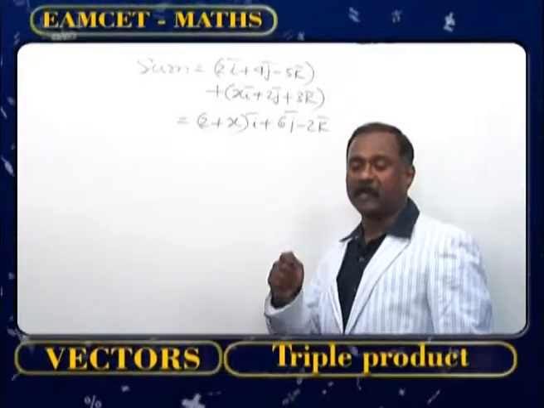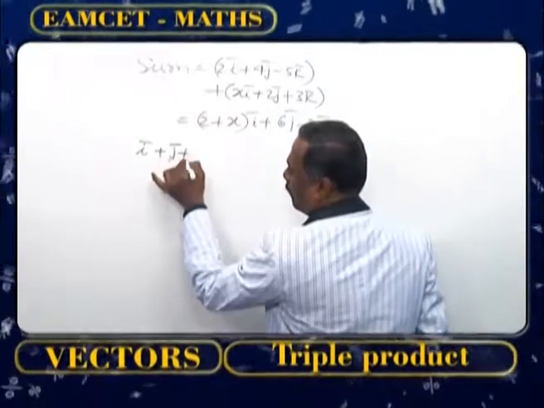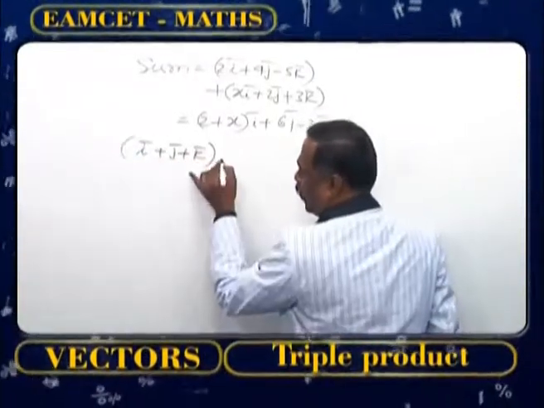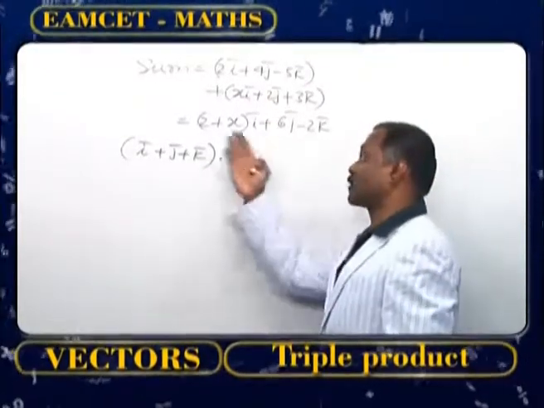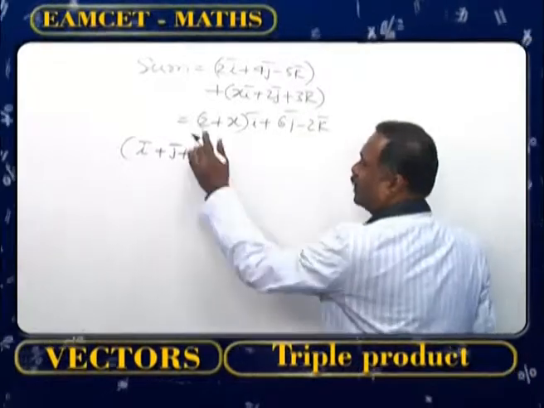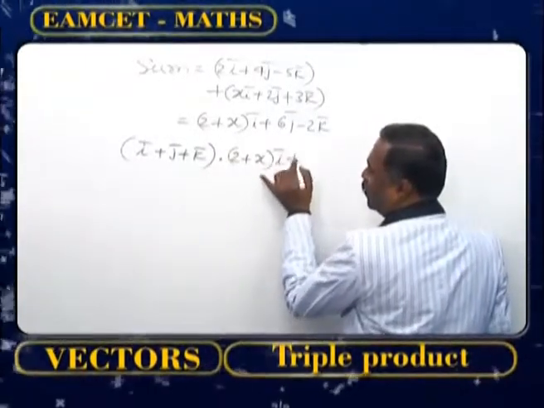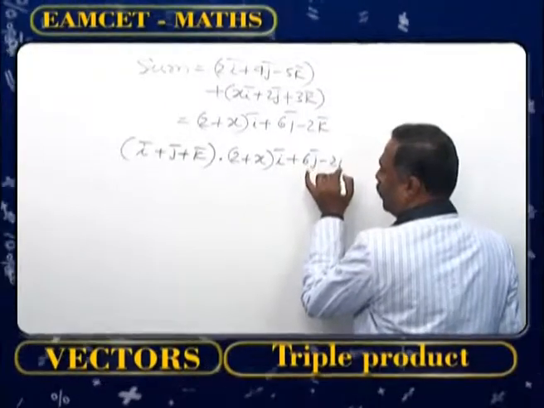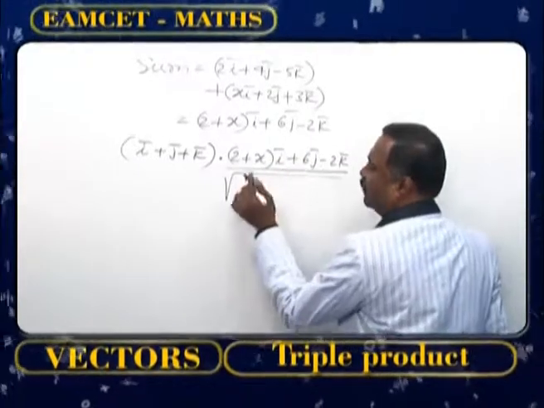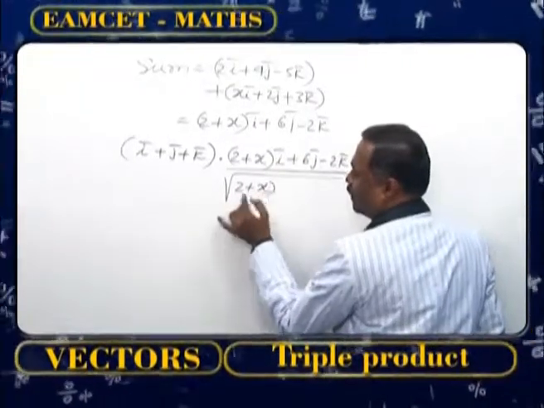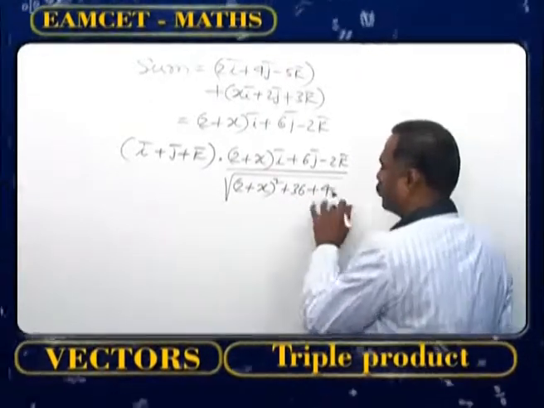If the scalar product of the vector i plus j plus k dot of with what? The unit vector parallel to the sum of the vectors. You want to make it a unit vector. 2 plus x into i plus 6j minus 2k divided by square root of, divide it with its modulus, 2 plus x whole square plus 36 plus 4.